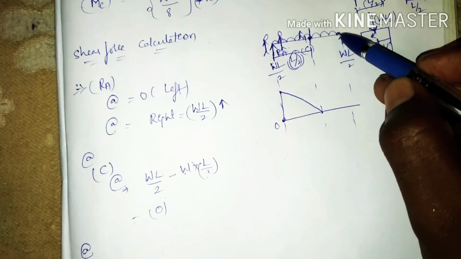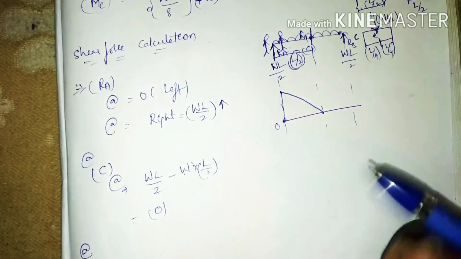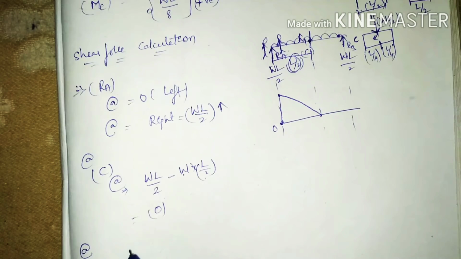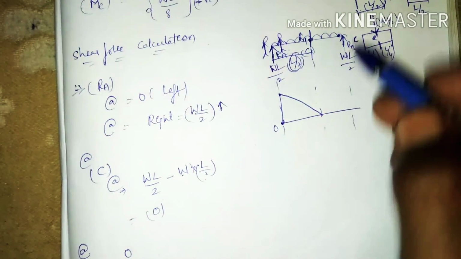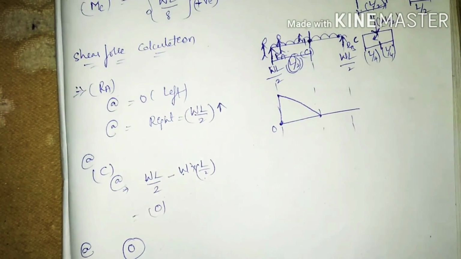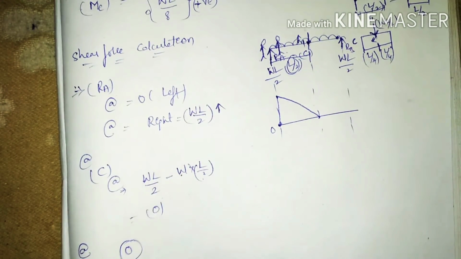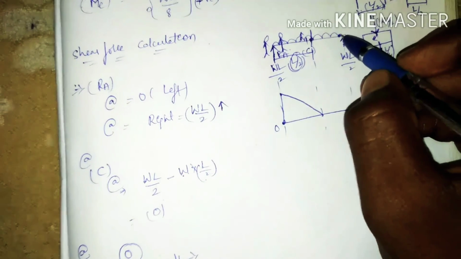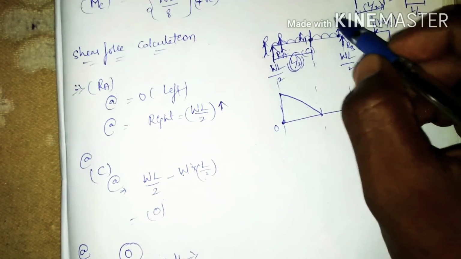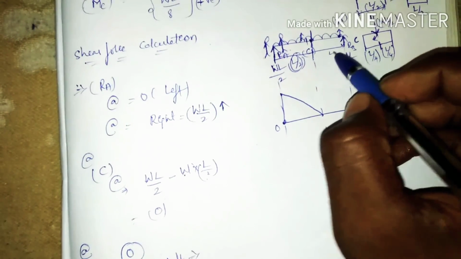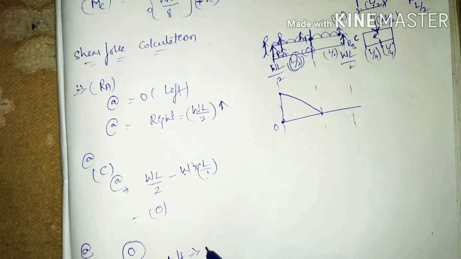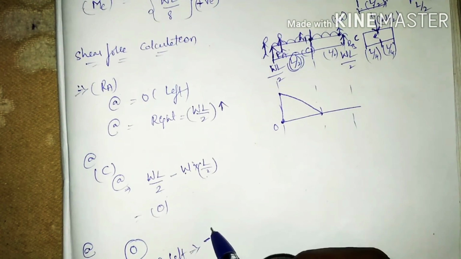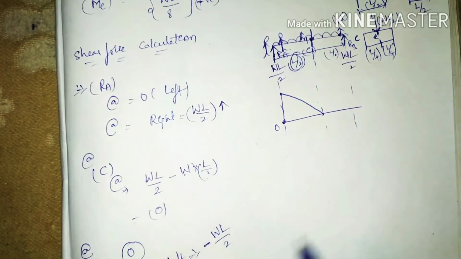And next, while going on up to C, up to here, we are going to find one more reaction. Up to here we are going to have 0, and at RB, just to the left, we have a W kilonewton load over a length of L by 2, WL by 2, which acts in the downward direction. So I am going to take negative WL by 2.